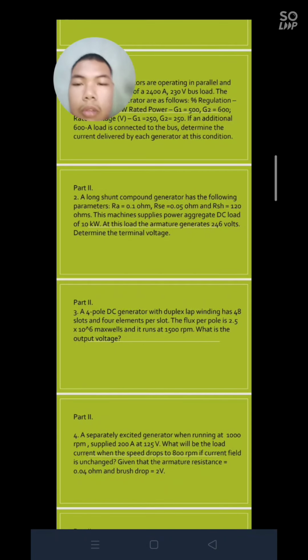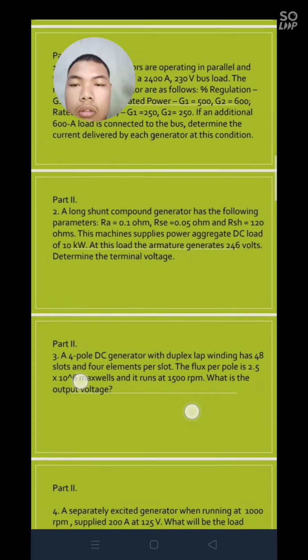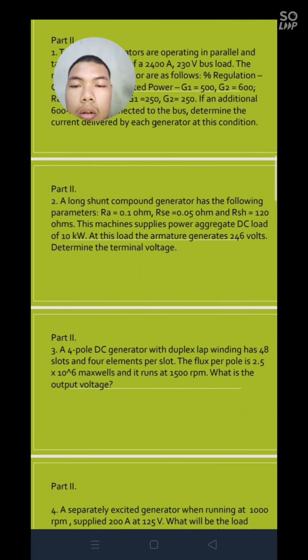So problem number 2. A long shunt compound generator has the following parameters: RA equals 0.1 ohm, RSE equals 0.05 ohms, and RSH equals 120 ohms. This machine supplies an aggregate DC load of 10 kilowatts.